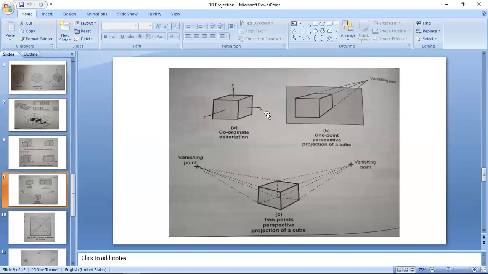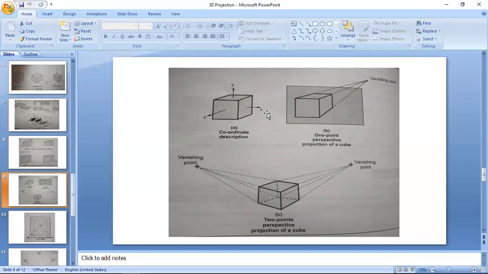Further, the second most important type is the perspective projection. Okay, perspective projection. This perspective projection is classified into 1 point perspective, 2 point perspective, and 3 point perspective on the basis of the vanishing points we are having.